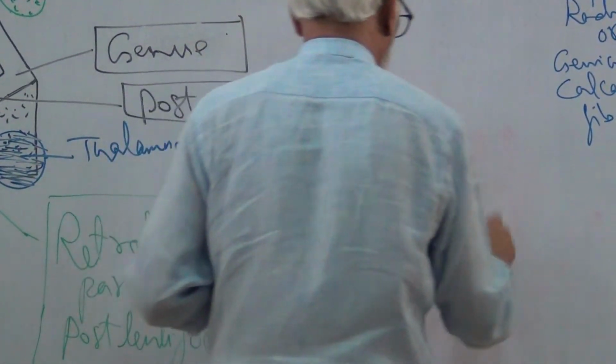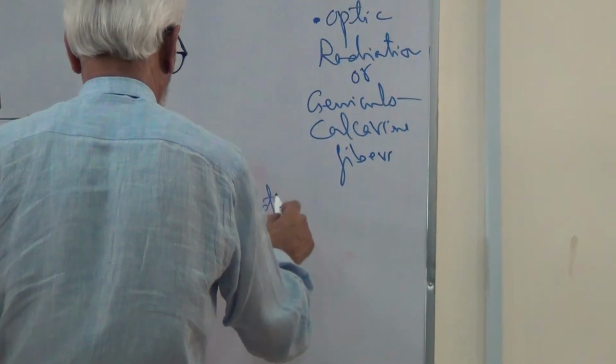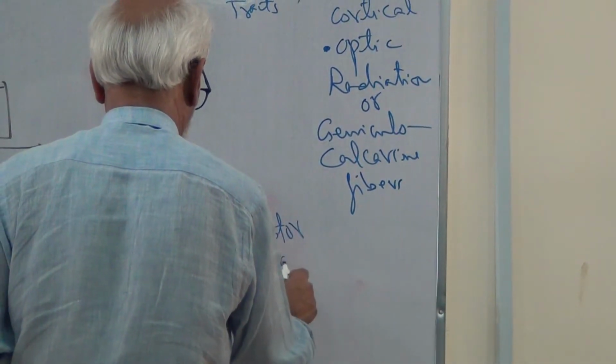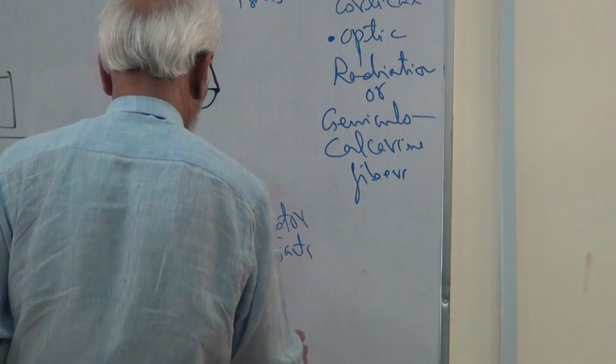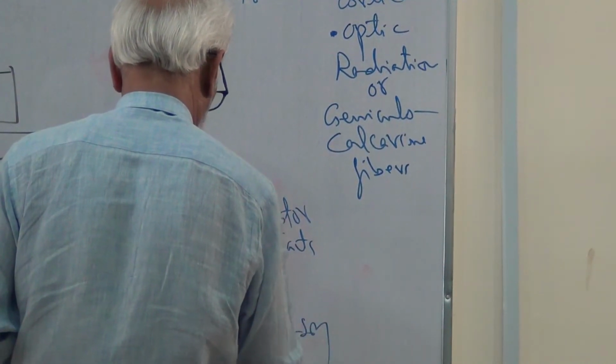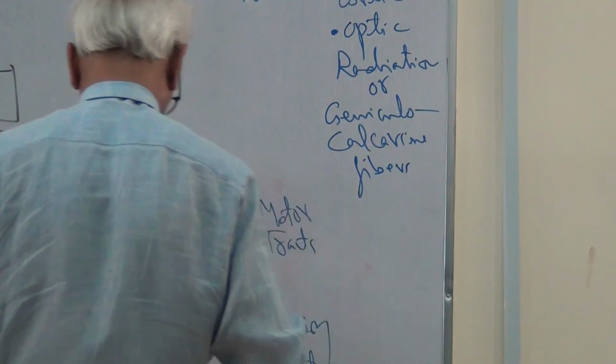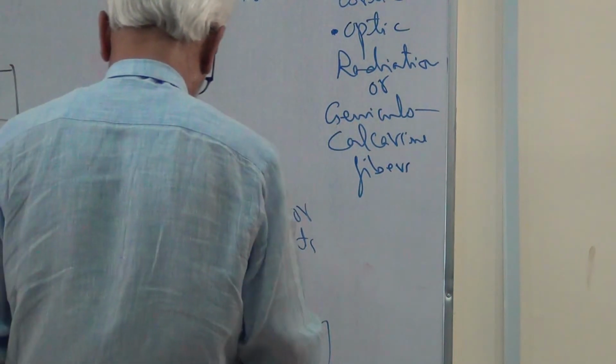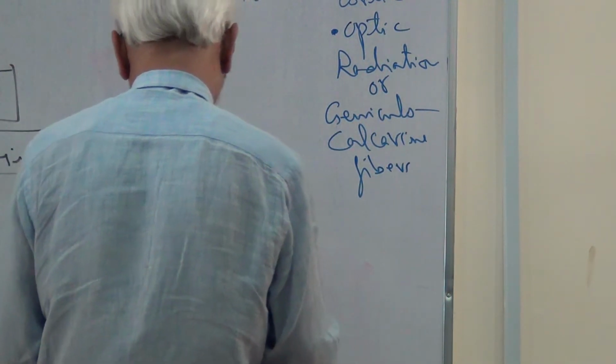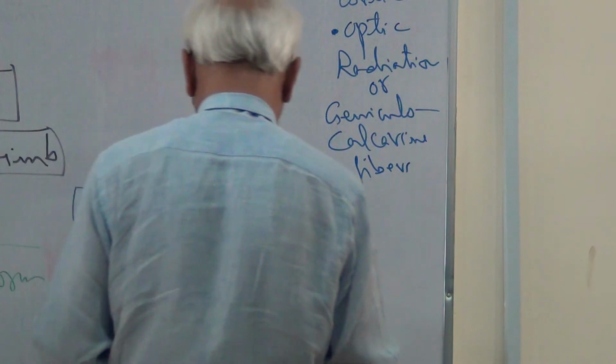Again motor tracts and sensory tracts pass through the sublentiform part. Motor tracts are cortico-pontine fibers.